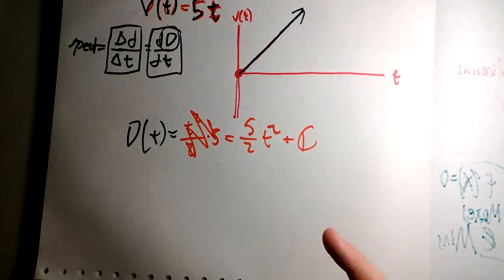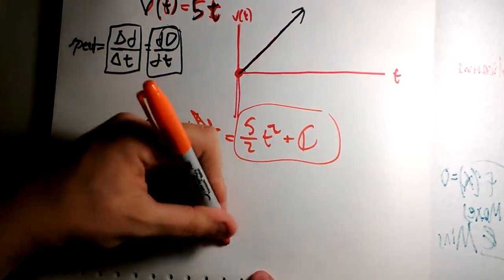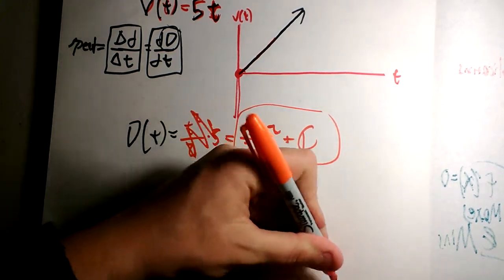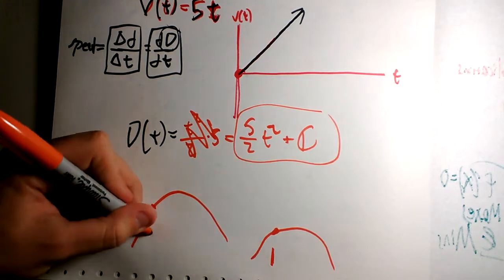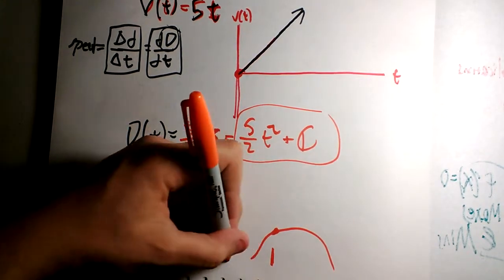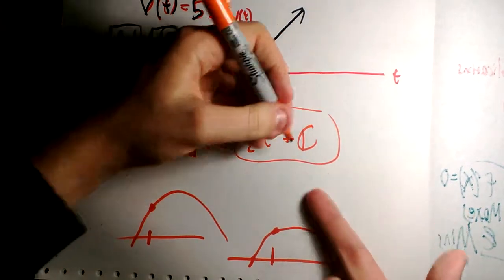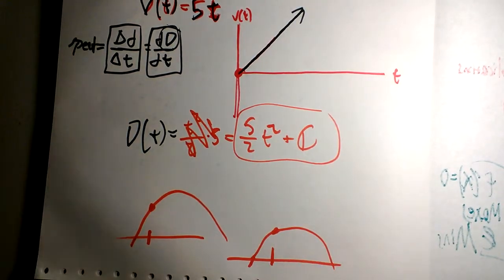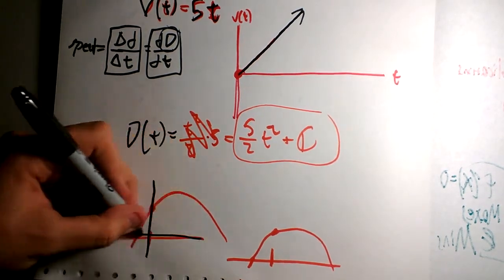Constant. Although this distance equation works, if you have an equation that looks like this, then an equation that looks like this, you're going the same speed at the same x value, and so the derivative doesn't care about it. But when you care about distance, you have to know that there is some value that you shift up and down by in order to get there. All right? So that is a key concept.